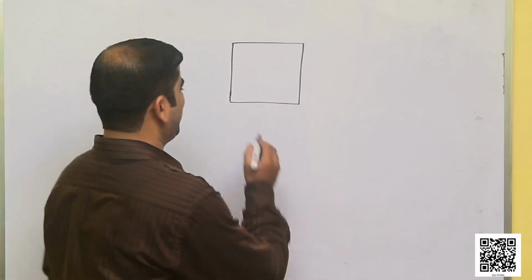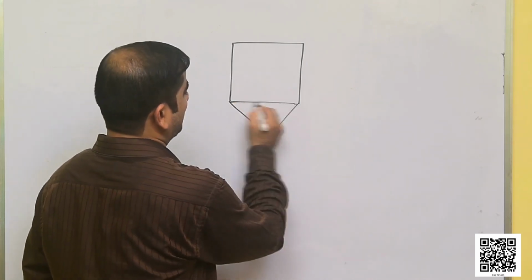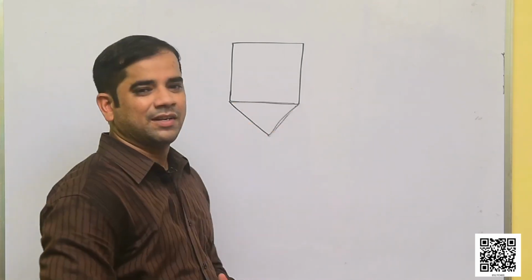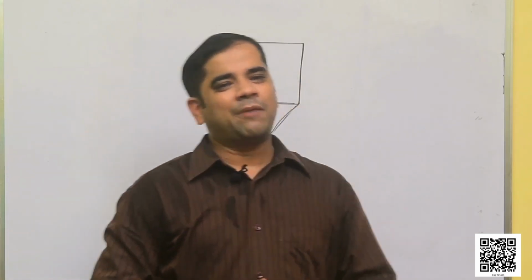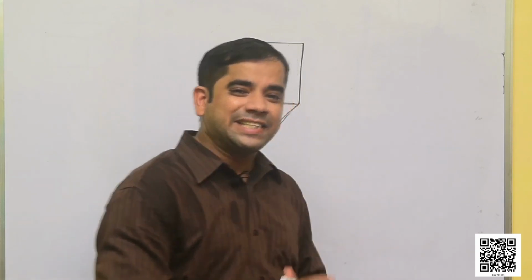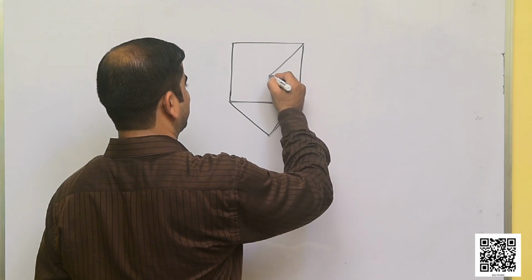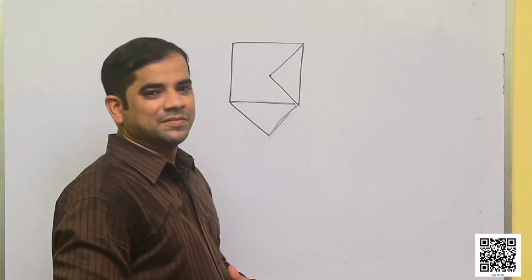As it is displayed, I am also drawing a triangle at the bottom of the square. In the next step, we have to draw another triangle at another side, but this time inside the square. And in the next step, we have to cut this shape from the cardboard.